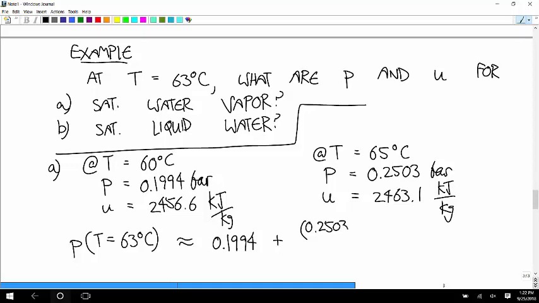So 0.2503 minus 0.1994, divided by the difference in temperatures, and then times the x value that we want, 63, minus the x1 value of 60, so that's positive 3.